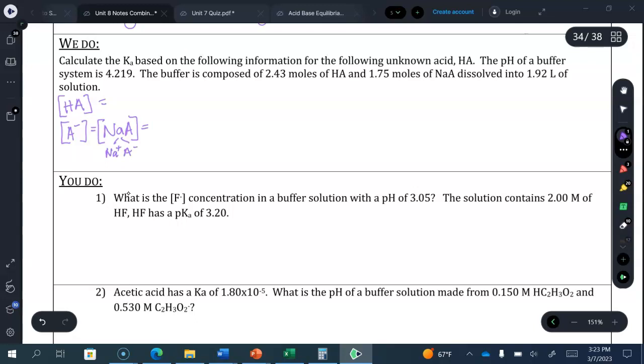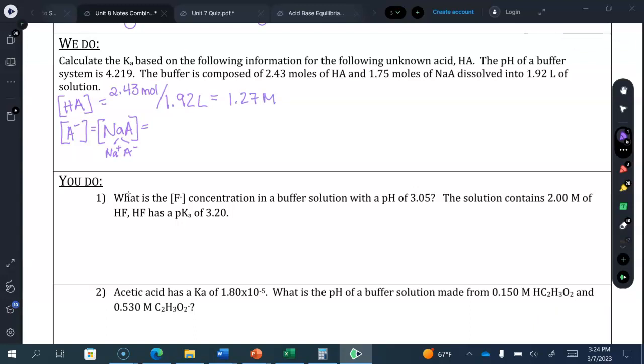Concentration is moles over liter, so we're going to take the moles of acid we dissolved, 2.43 moles, and divide it by the total volume, which was 1.92 liters. Plugging that into a calculator, you should get 1.27 molar for the concentration of the acid. We will repeat this for the concentration of the conjugate base.